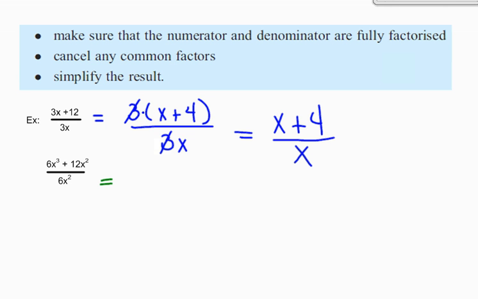Here we can factor out a 3 and an x squared from both terms. So we have 2x plus 4. Oh, we can factor out a 6. So 6x squared, and then x plus 2.